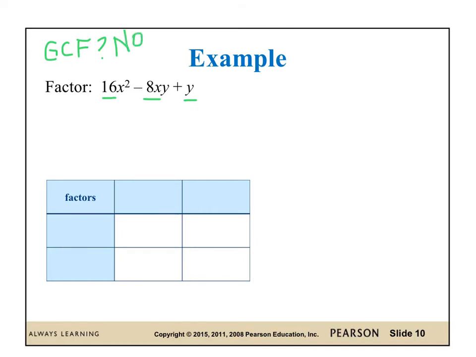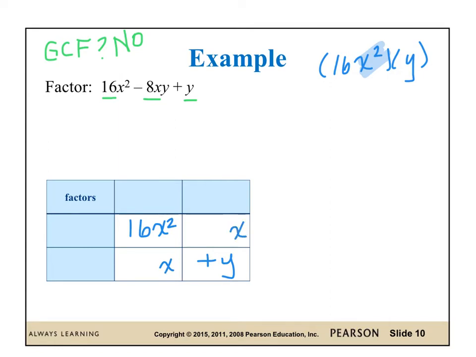So we'll begin the way that we usually begin. 16x squared plus y. Multiply those two together. And since we already know how the x squared plays out, we're going to kind of ignore it and know that we have to have an x in both of these.